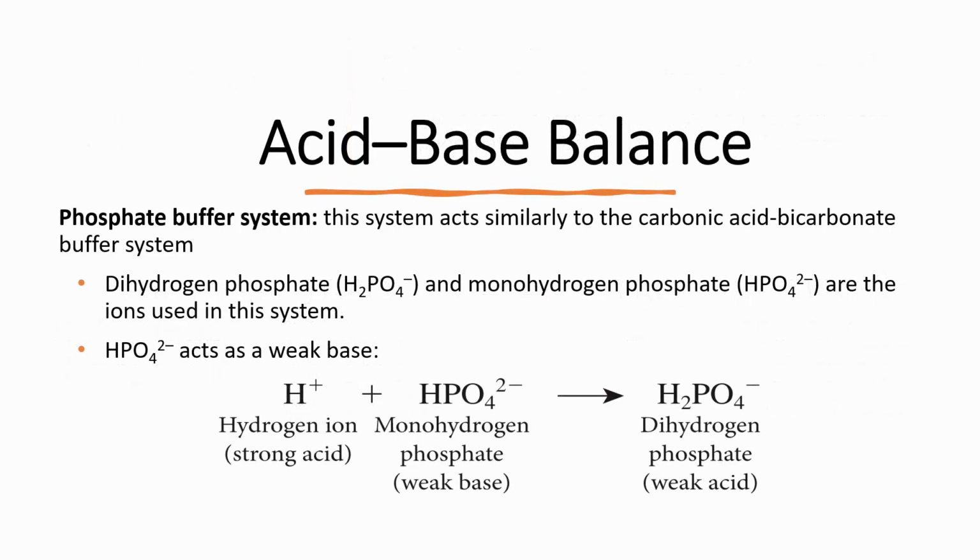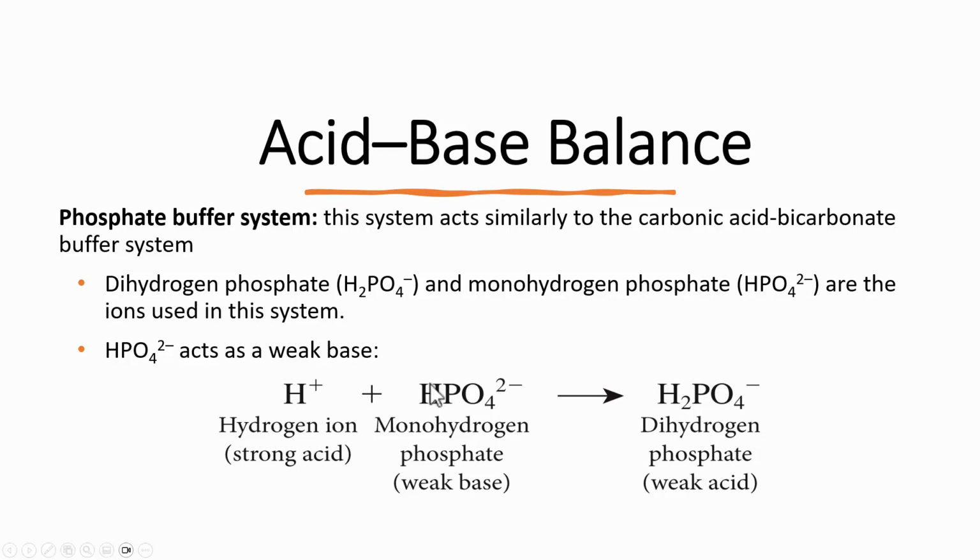And so let's look at the other way now. We have dihydrogen phosphate, monohydrogen phosphate, and these are going to be the ions used in this system. And here, the monohydrogen phosphate is going to act as a weak base. So we have hydrogen, which again is a strong acid.